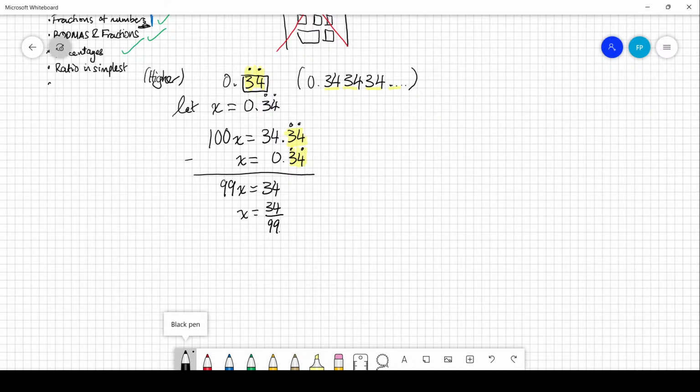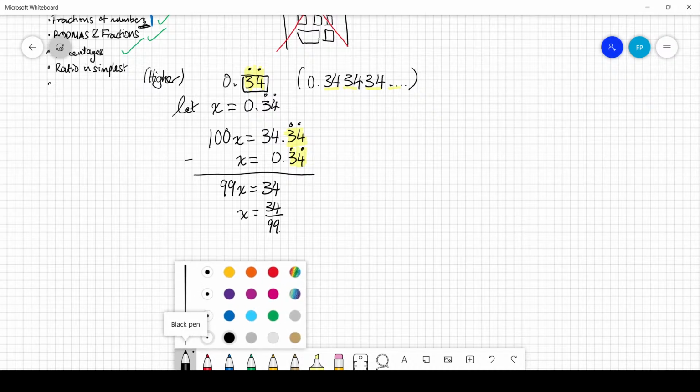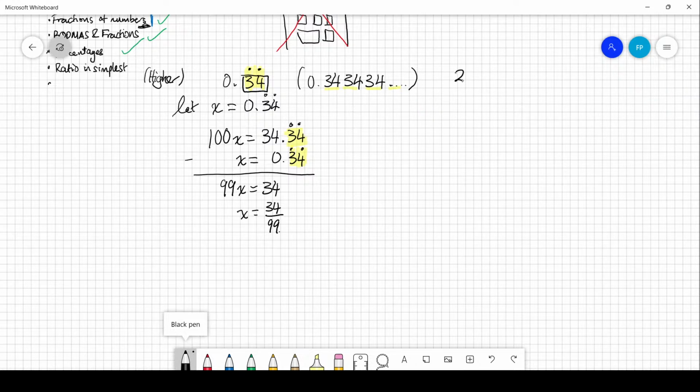A trickier type might be, let's say, to convert a recurring decimal where it doesn't recur immediately. By that I mean something like 2.78, where the 8 is actually recurring. So if I write this out, normally it would be 2.7, then the 8, 8, 8, 8, and so on.